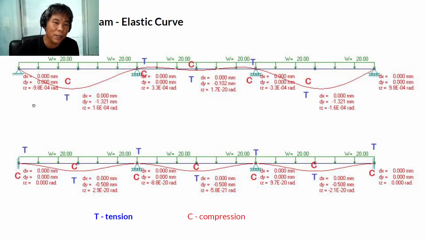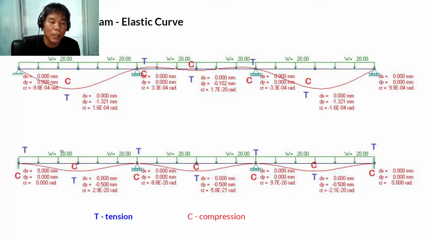The elastic curve is ang deformation sa imuhang beam dito from the neutral axis, where neutral axis is either tension or compression or zero yung stress. Ako lang nang i-exaggerate ang drawing, but normally our structures ang mga displacement na gagmay ra gyud kaayo. Look at this, 1.321 mm, 0.1 mm, 0.508 mm, gagmay ra gyud guys.